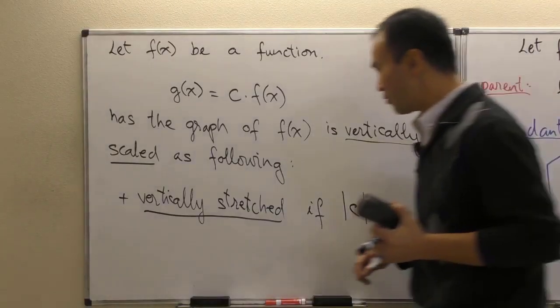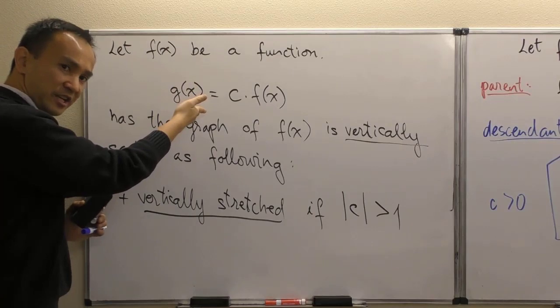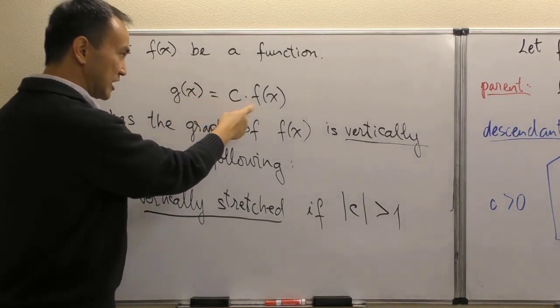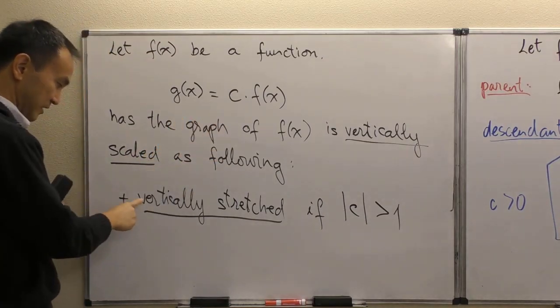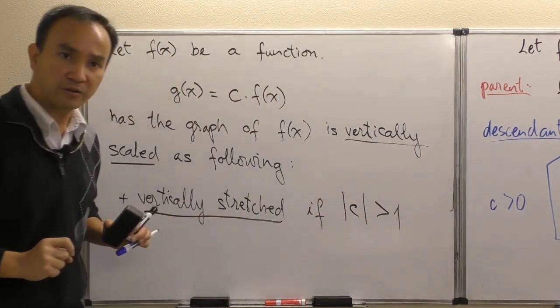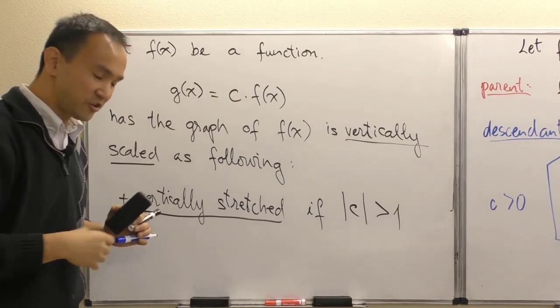So once again, g of x as a descendant function, defined as a coefficient c times f of x, is vertically scaled as follows. It's scaled as a vertical stretch if the absolute value of c is greater than 1, as you have seen in my extra clarification on the other board.